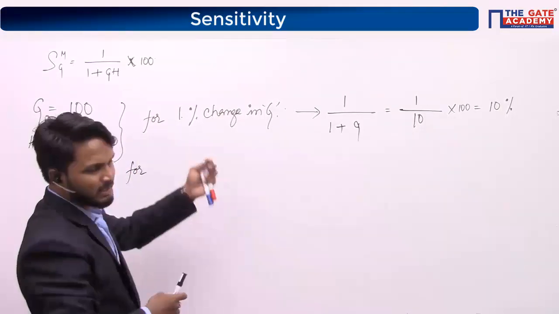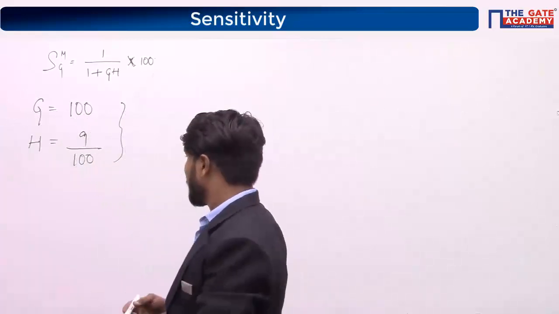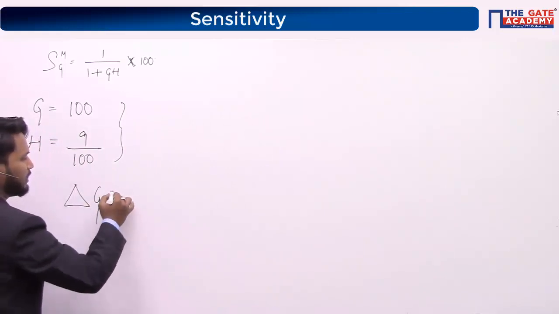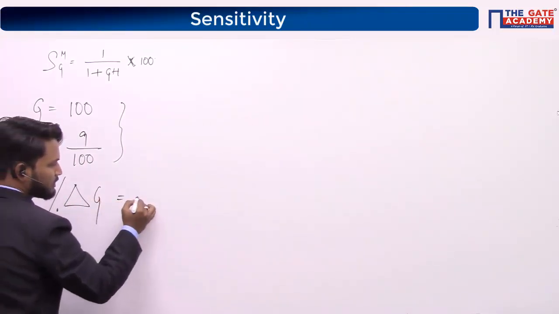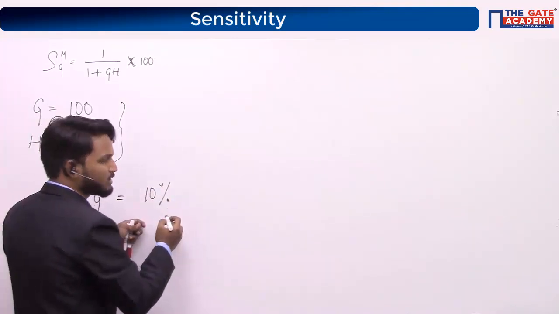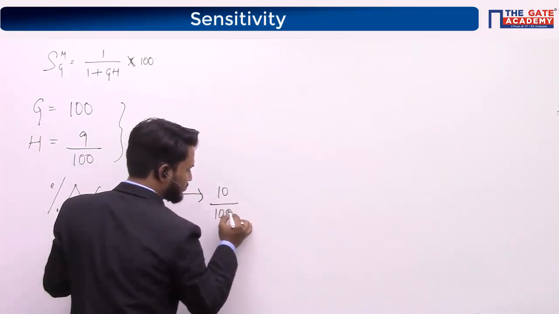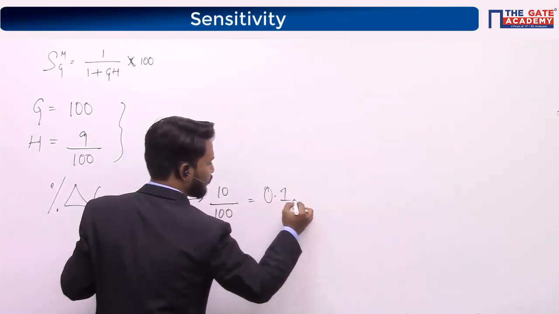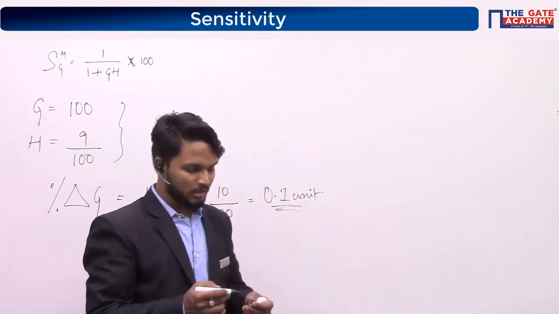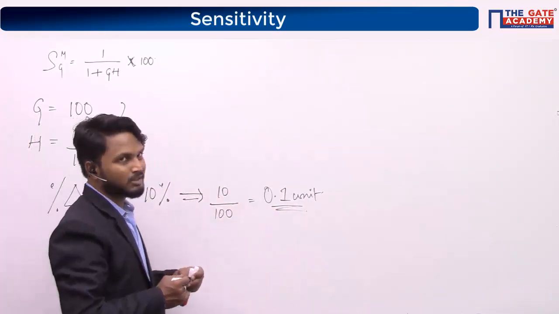Instead of taking this in percentages, let us take in units. How much is the percentage change in G? It is equal to 10%. 10% means 10 by 100, that is equal to 0.1 unit. Right? 0.1 unit is the change in G. For 0.1 units change in G, what is the overall change in M?